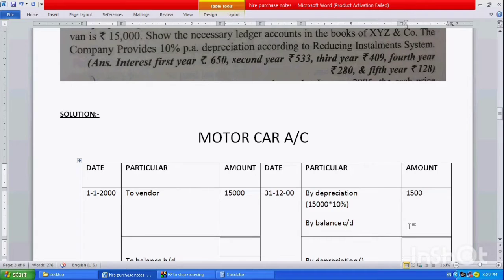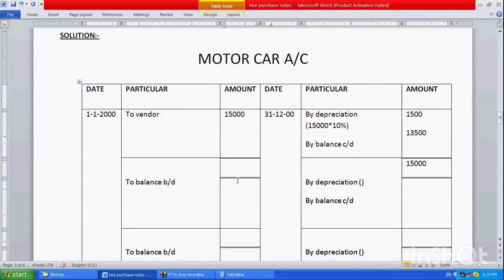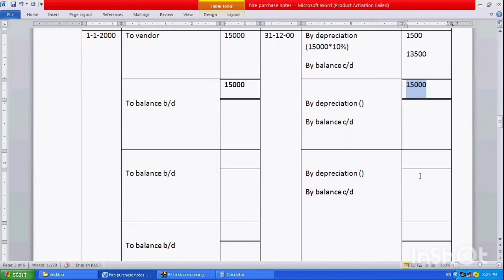So now write the remaining balance. Sorry, it's 13,500, because 15,000 minus 1500 is 13,500. So tally the ledger balance which equals 15,000, 15,000. Now whatever the balance carried on amount, 13,500, it is brought here as balance brought down 13,500.